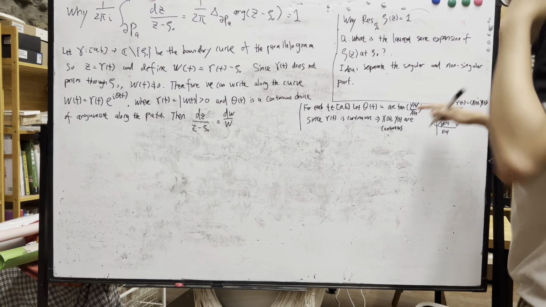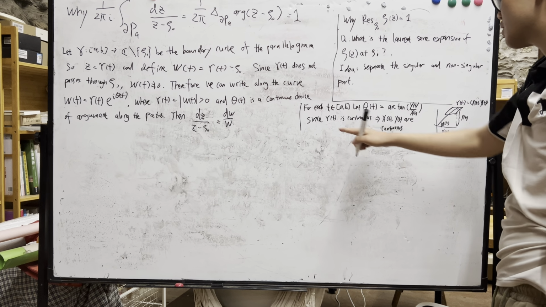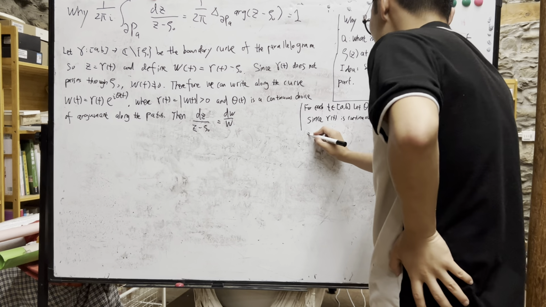So we can control the differences between xt and xt naught by rt and rt naught.